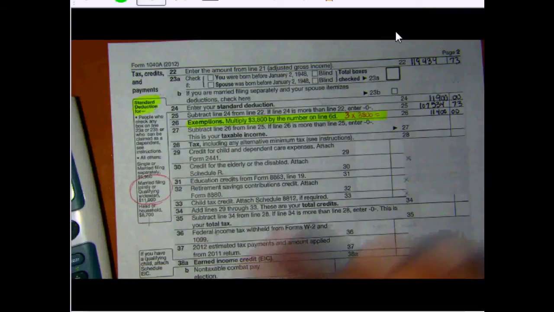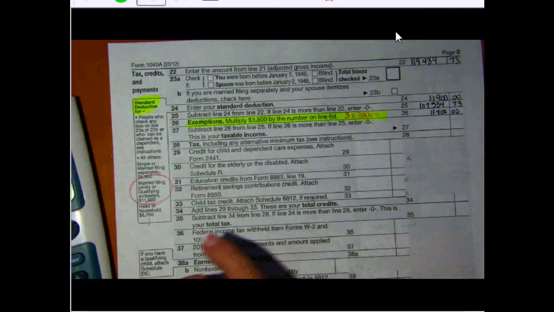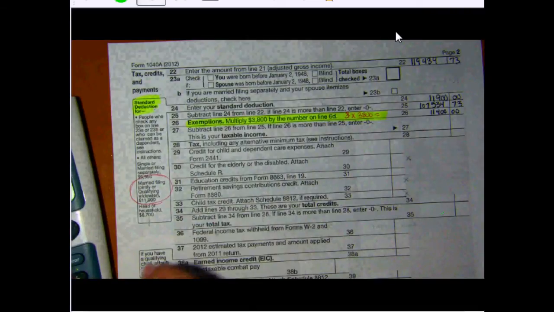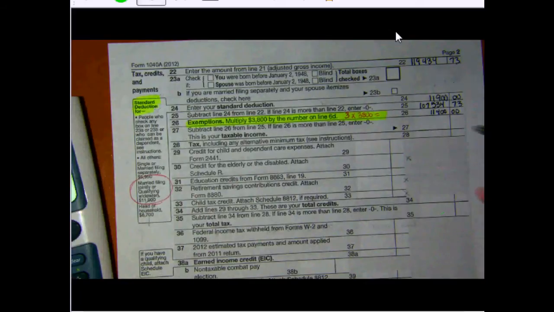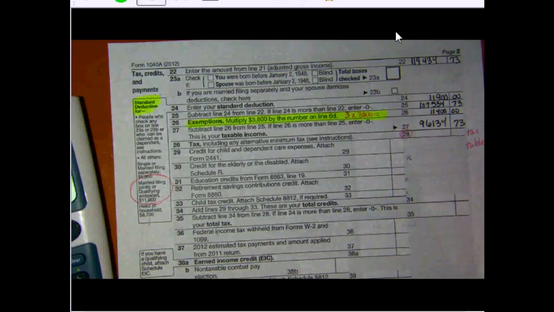And we get to subtract that now. So 107,534 minus 11,400. And their taxable income has been reduced down to 96,000. And this is when we go to the tax table for line 28 to find out their tax.